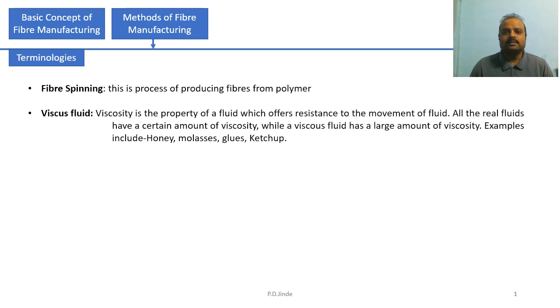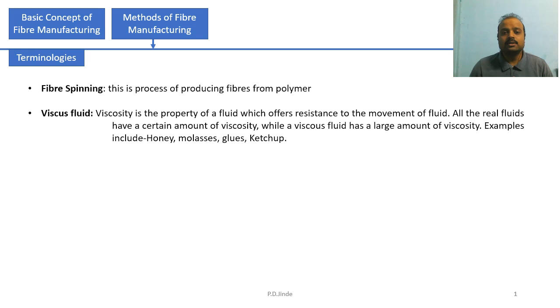The second important terminology related to our topic is viscous fluid. Viscosity is a property of a fluid which offers resistance to the movement of the fluid. All real fluids have a certain amount of viscosity, while a viscous fluid has a large amount of viscosity.